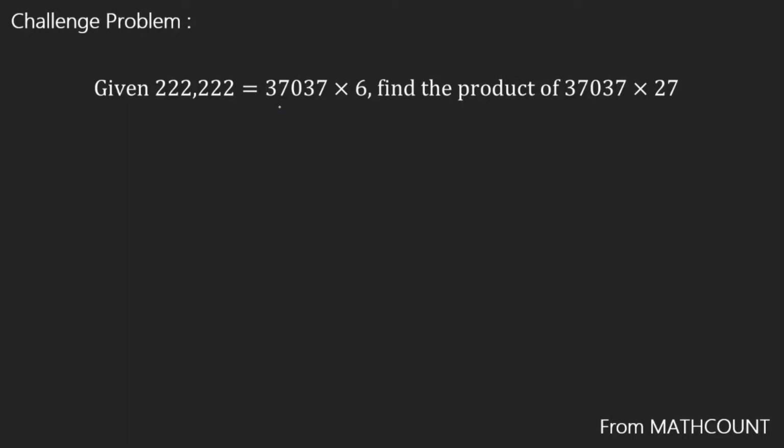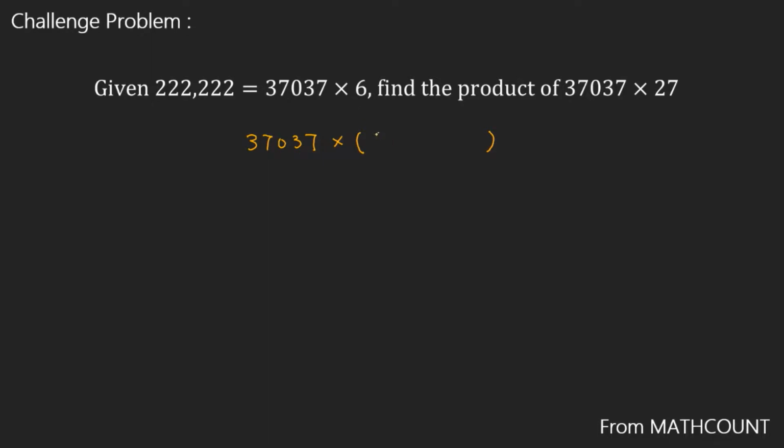That's because we already know what 37,037 times 6 is equal to. So if we can find the relationship, that might help us to solve the problem. So let's take a look. We have 37,037 times 27.